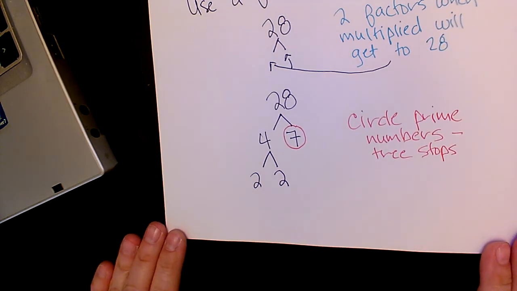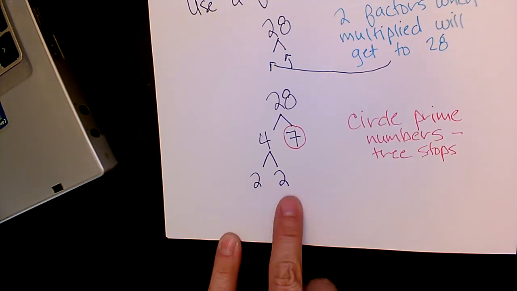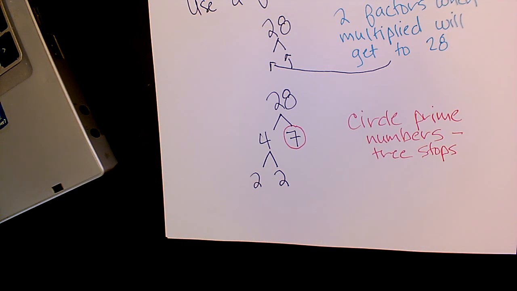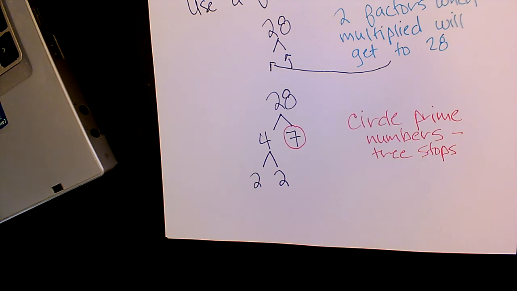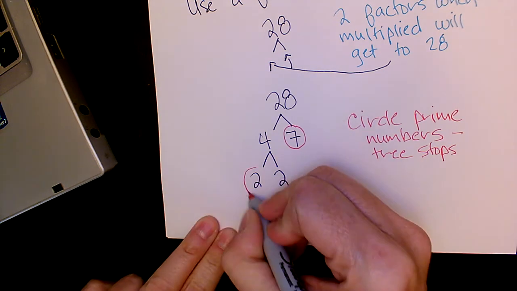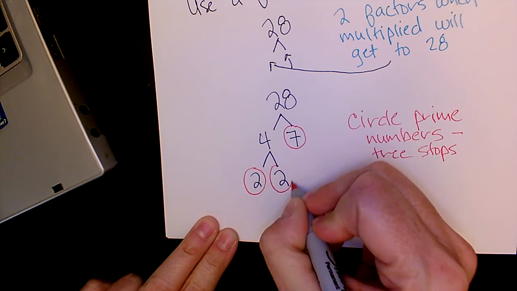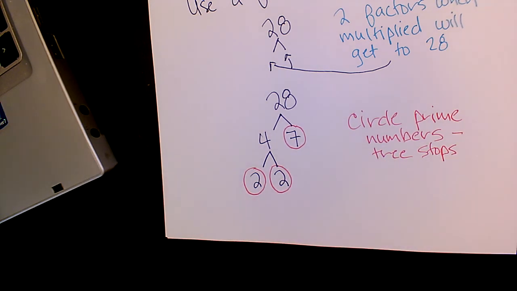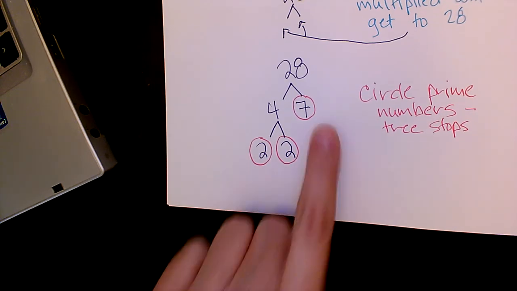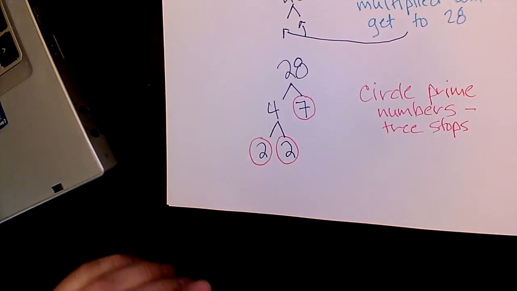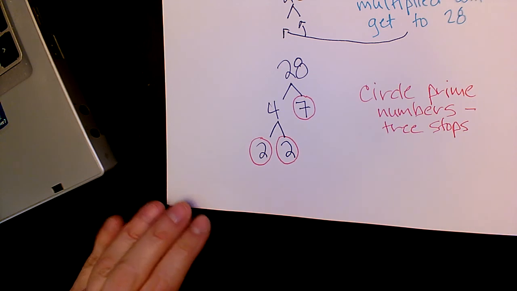So again, we put the 2 factors, one on each of the branches. Is 2 prime? Yes, because 2 times 1 is 2, that's all that works for 2. Okay, I can't branch off anymore, the tree stops. So we take all the numbers that are in the circles, and that's my final answer.